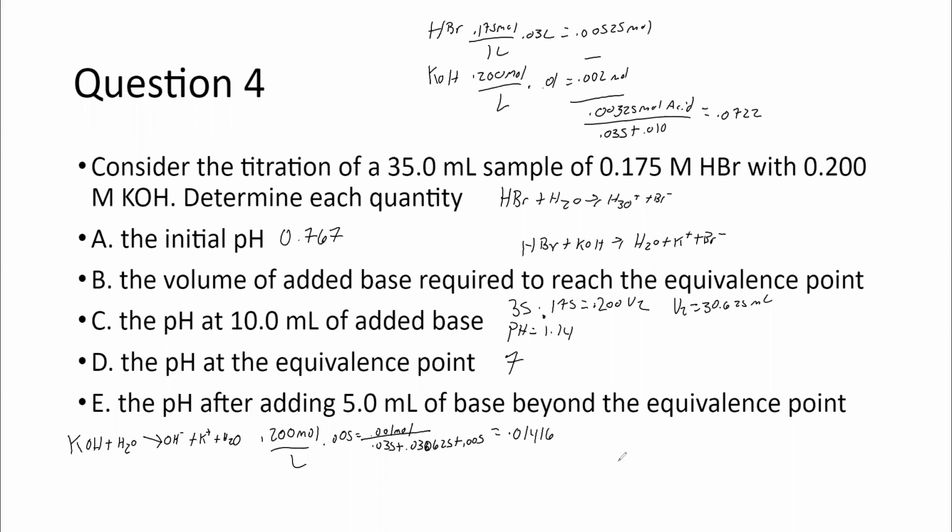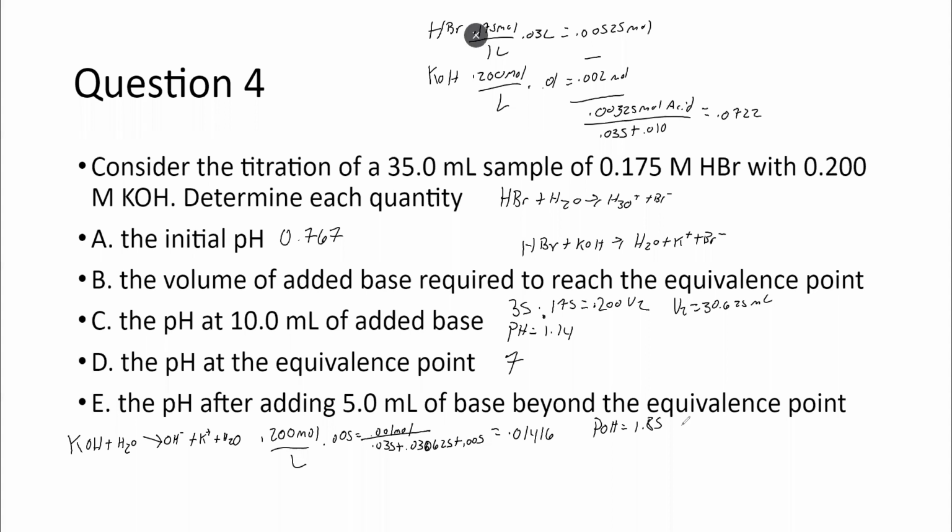So I'm going to do the minus log of that to get pOH. pOH is 1.85. And so my pH is just 14 minus that. My pH is 12.15.